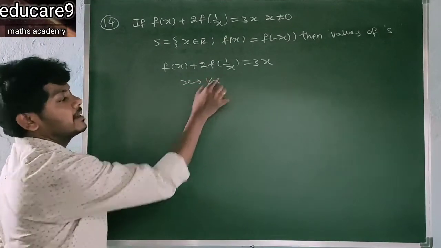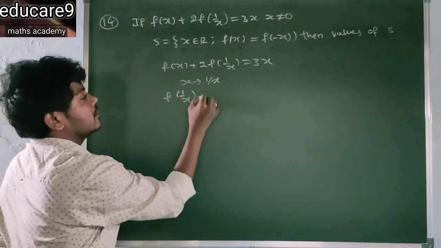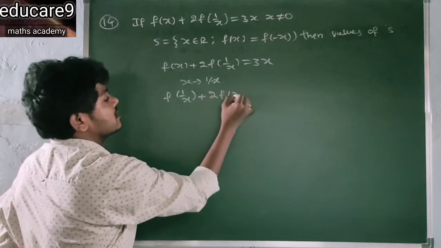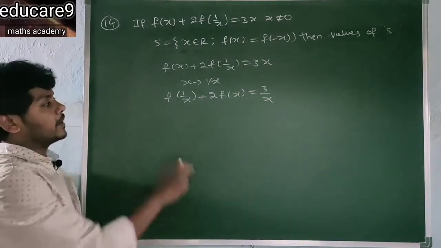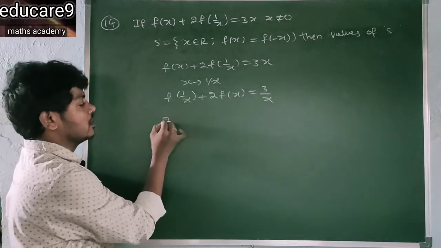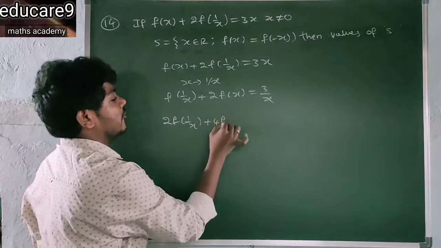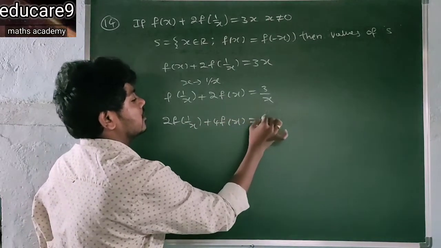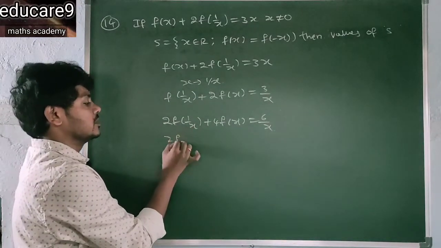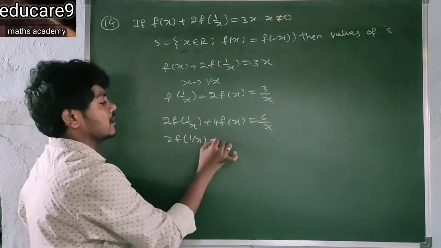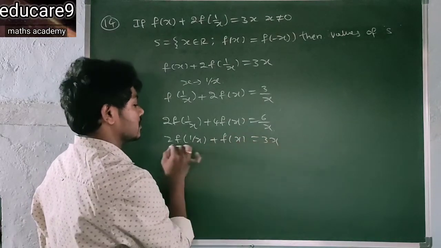So what do you get? f of 1 by x plus 2 f of x is equal to 3 by x.